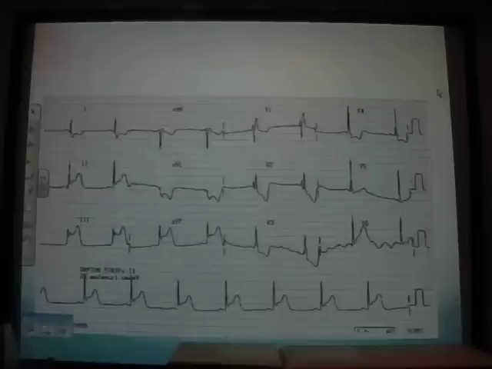So this is an ECG running at about 48 beats per minute in regular rhythm. There are P waves before every QRS complex, and the PR interval is not prolonged. Therefore it's sinus rhythm, but bradycardia: sinus bradycardia.